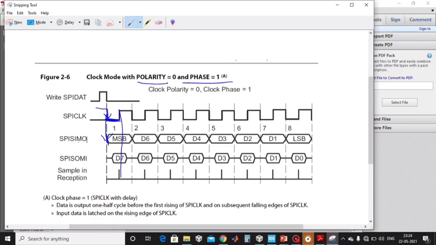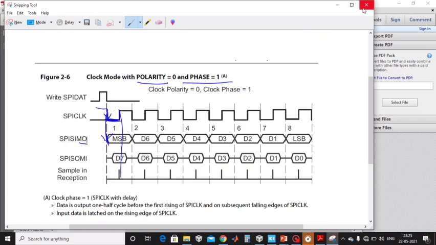Sorry if I spelled it wrong earlier, but let me clear it once again. Here the master is updating its data on the falling edge, because we have to assume that there must be a falling edge here, and the master is sampling its data on the opposite edge of this. If it is the falling edge, that means the master is sampling its data on the rising edge. So this was all about SPI mode 1.